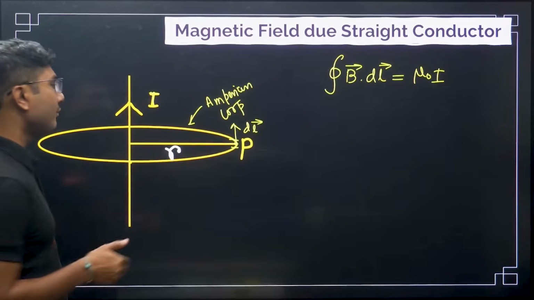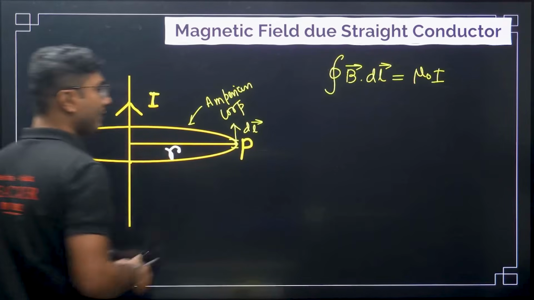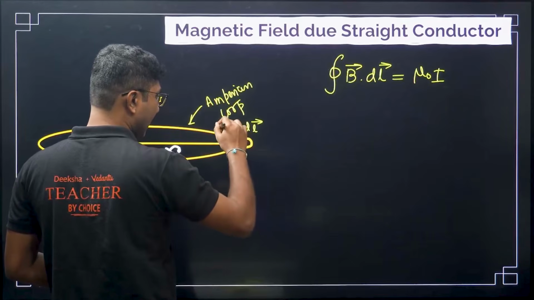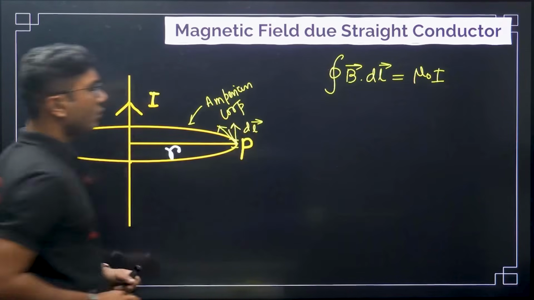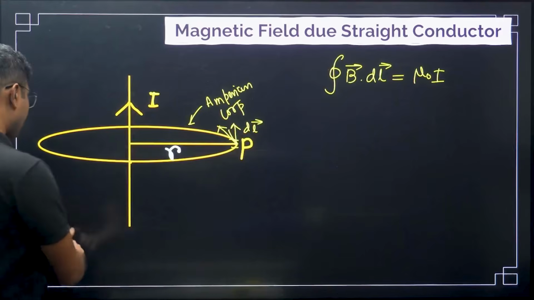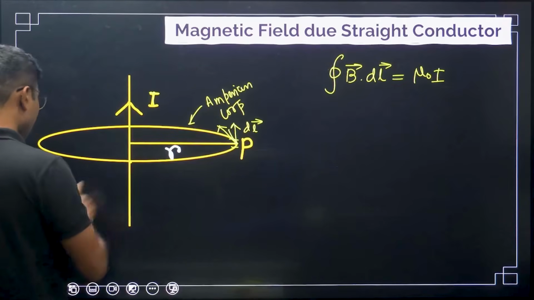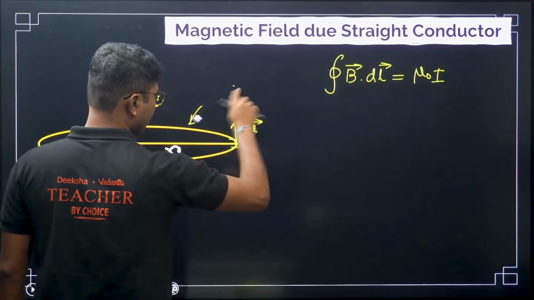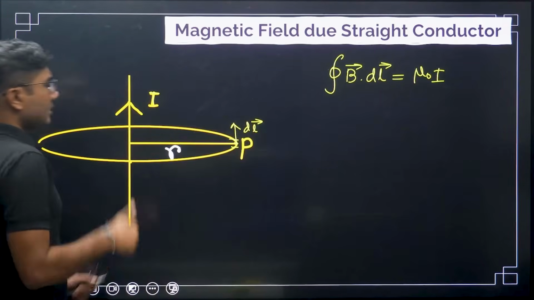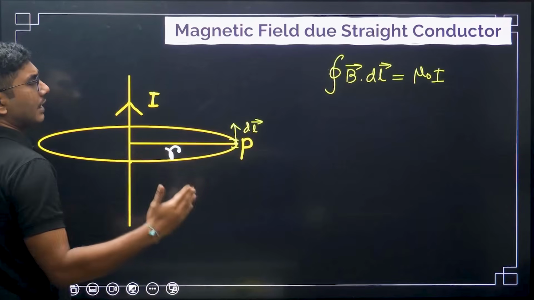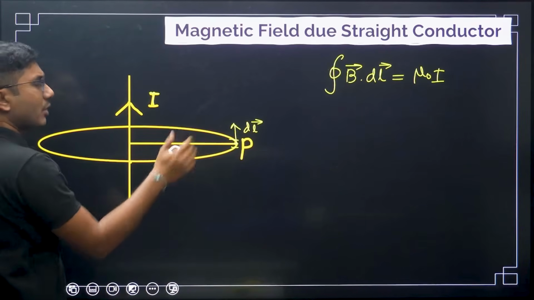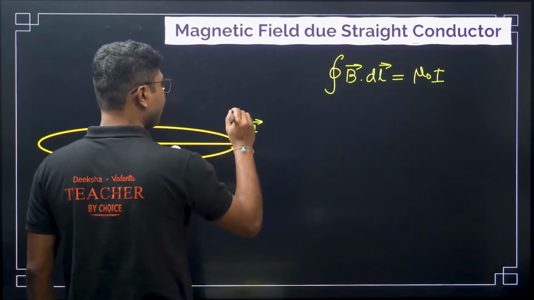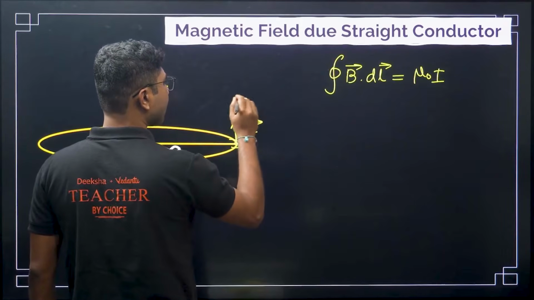Not perpendicular, oh my god. Let me erase this. This is the direction of current, so dl is in this direction. Because the Amperian loop is a circle, B will also be in the same direction.